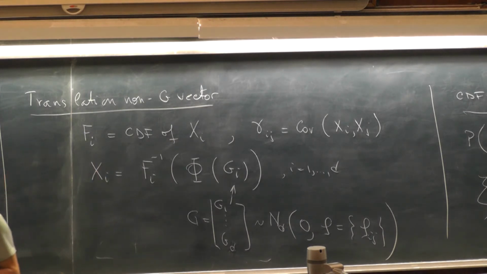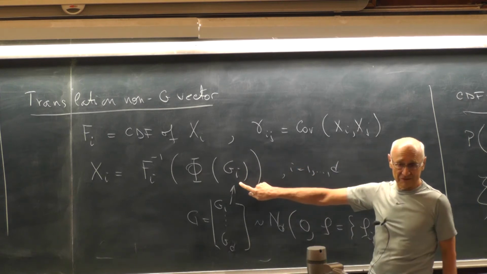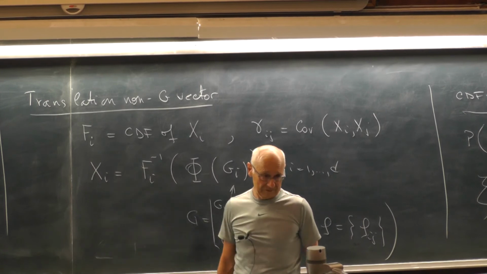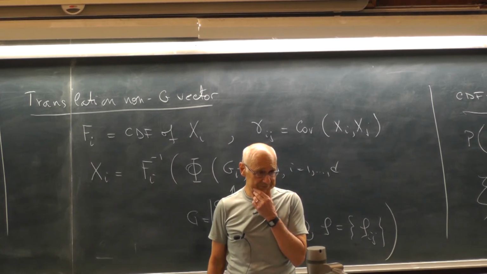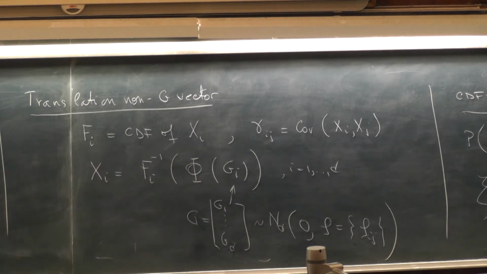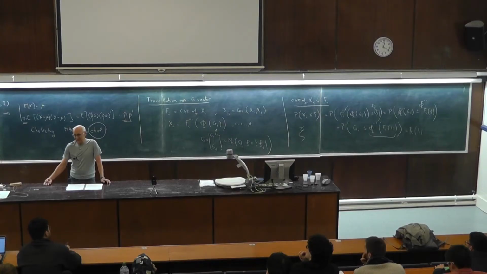So how we are going to generate a sample of this type of translation process or vectors is very simple. Generate samples of G, put them through this formula, find a sample of Xi. Okay. So it turned out that it's an extremely useful model, very easy to implement. If you know how to generate Gaussian, you just go through this dance.